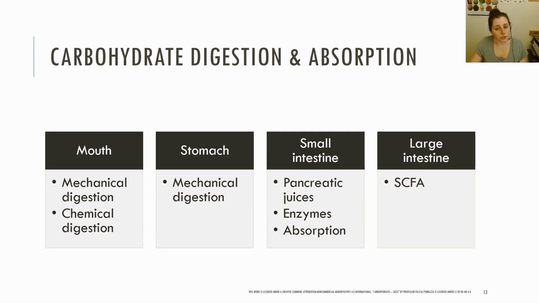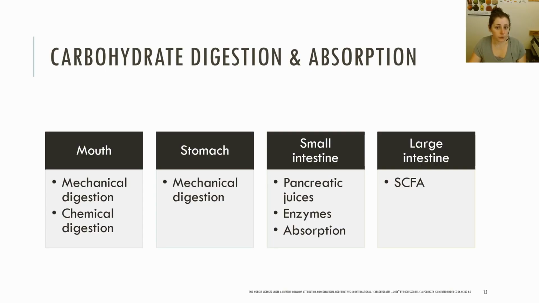Mechanical breakdown still occurs with peristaltic contractions of the stomach, mixing the carbohydrates into chyme. The small intestine is primarily where digestion of carbohydrates takes place. The pancreas releases juices with pancreatic amylase and dextrinase, which work to break down remaining starches and dextrins into shorter and shorter carbohydrate chains. Enzymes are secreted by the intestinal cells that line the villi.